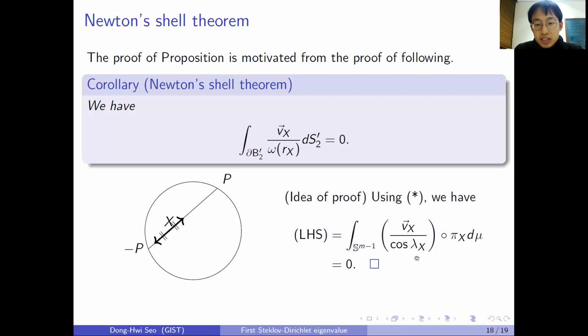And since we can show that the cosine lambda sub x at small p sub s is equal to the cosine lambda sub x at minus p sub s, the sum of this integrand at these 2 points becomes 0. So our integral becomes 0, and this finishes our proof of our corollary.